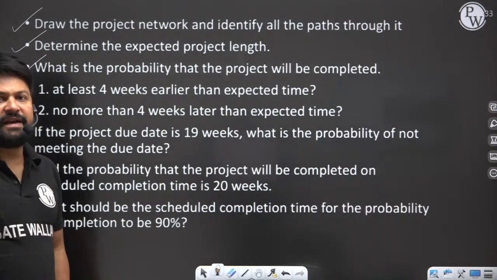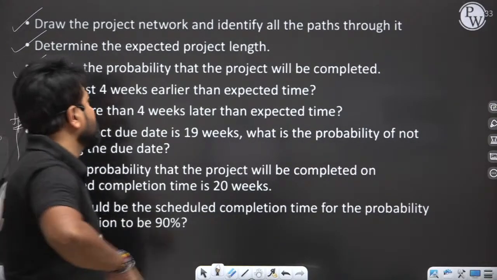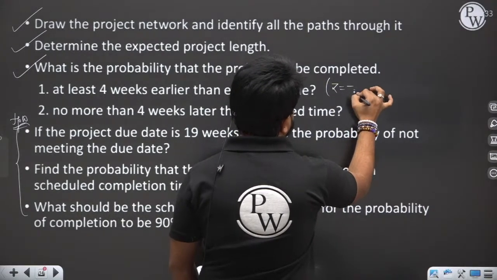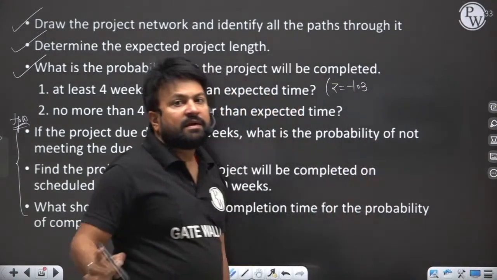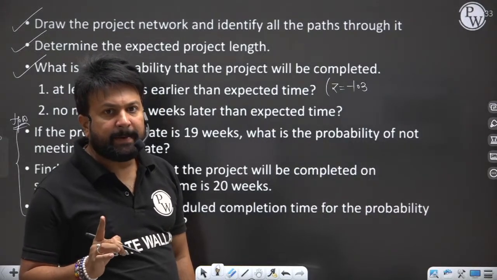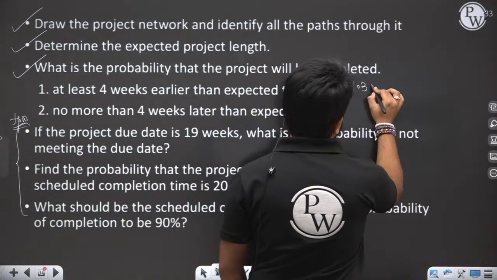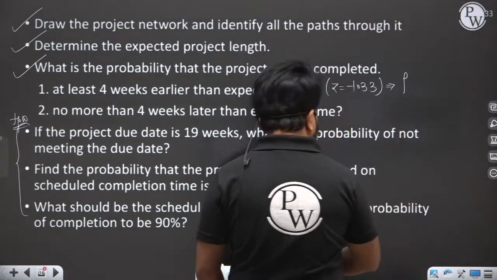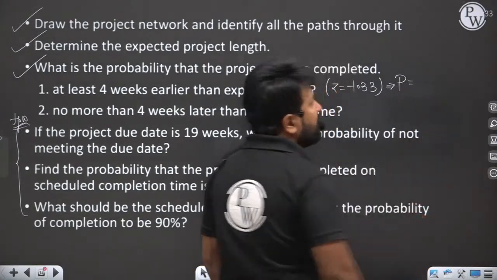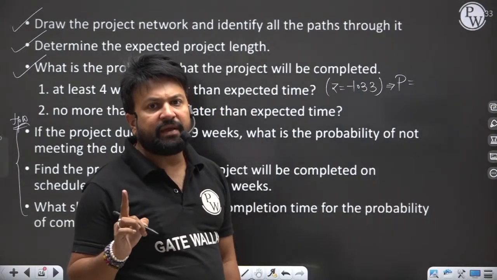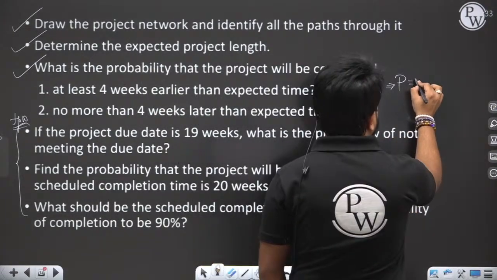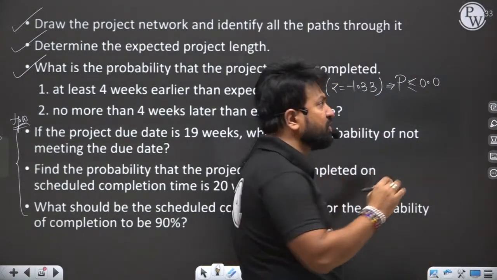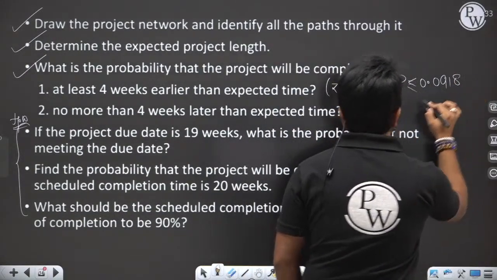For Z equal to minus 1.33, the probability will be less than or equal to 0.0918.